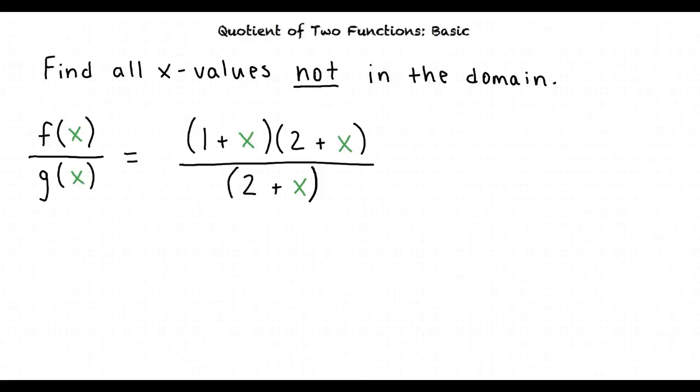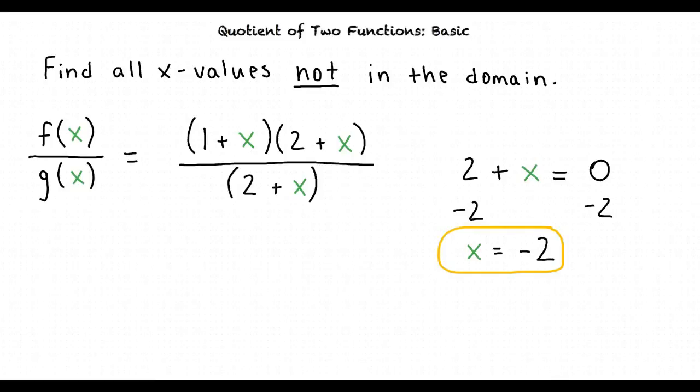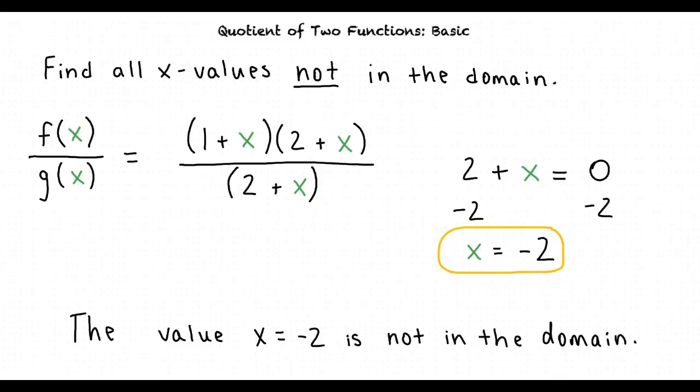In order to find the x values that are not in the domain, we set our denominator equal to 0. 2 plus x is our denominator, so let's set that equal to 0. To solve for x, we subtract 2 from both sides. The result after subtracting 2 from both sides is x equals negative 2. This means that the value x equals negative 2 is not in the domain.